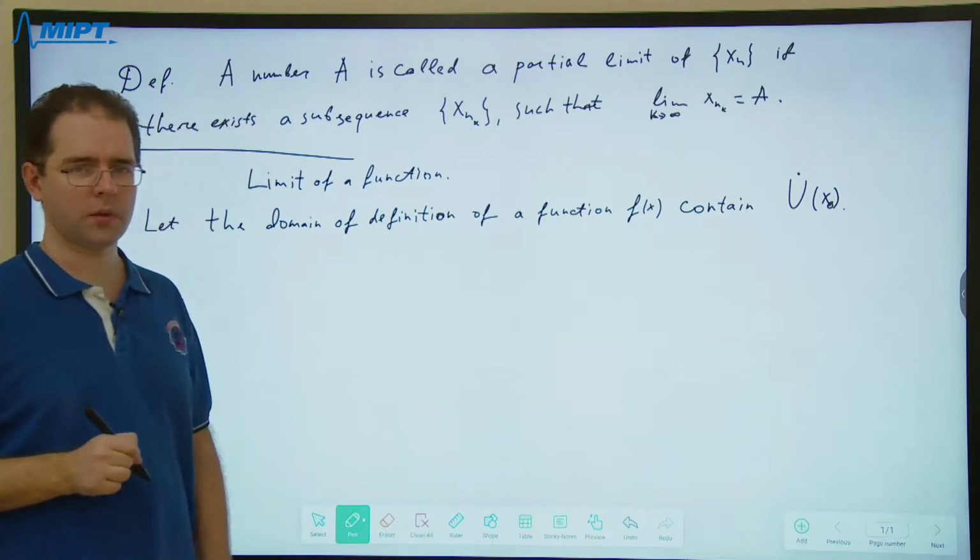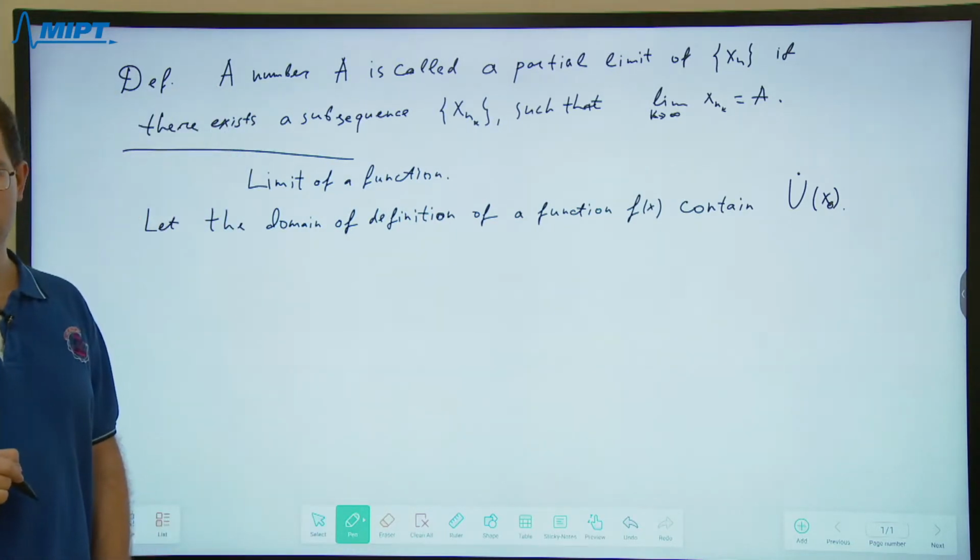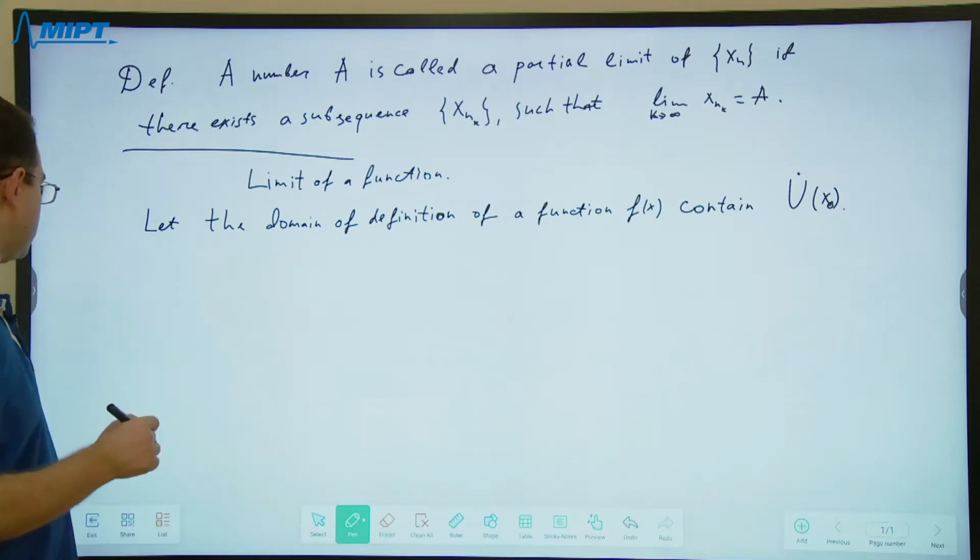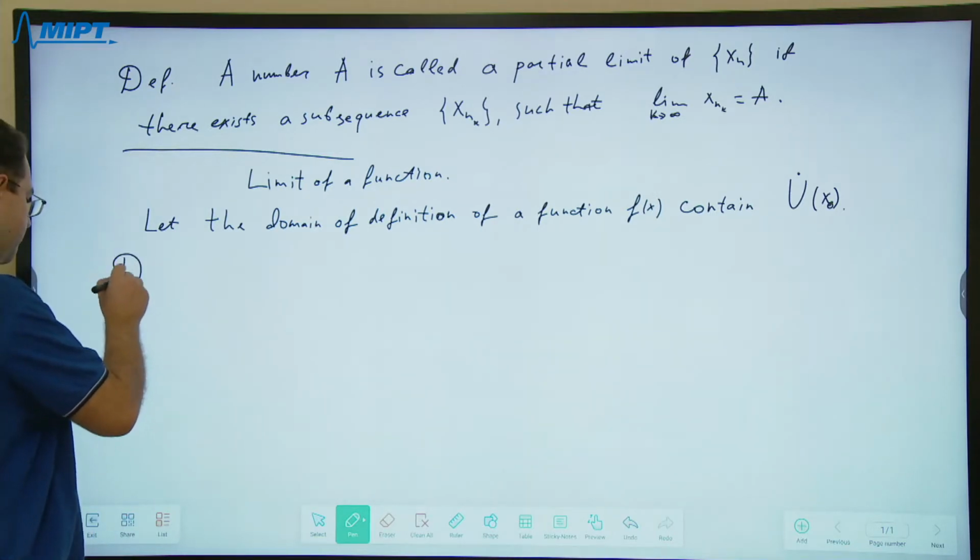Okay, now one of the most important definitions in this whole course. Definition.